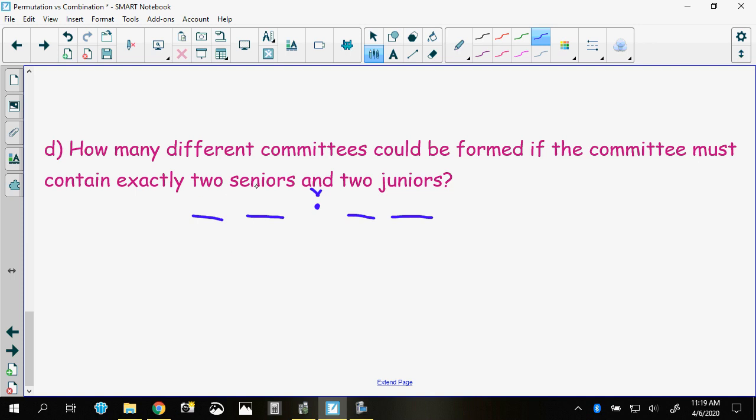So we're selecting 2 from our number of seniors, and in this case we have 7 seniors, and we're selecting 2 from our juniors, and we have 9 juniors. So we're doing a combination of 7 choosing 2 multiplied by a combination of 9 choosing 2.